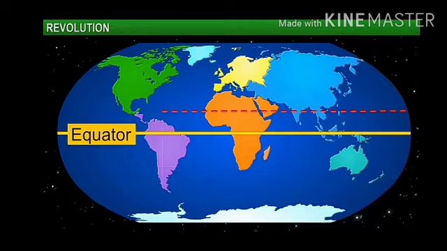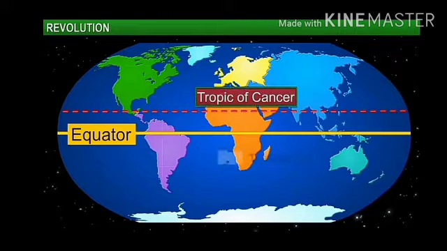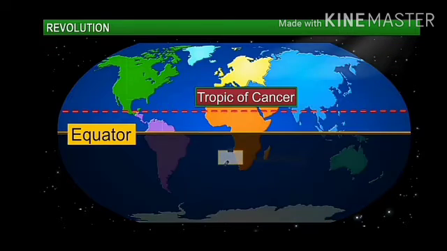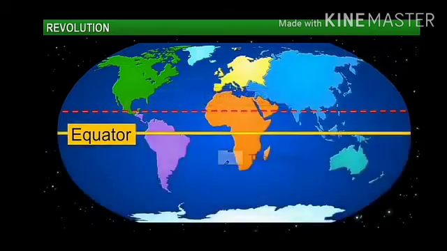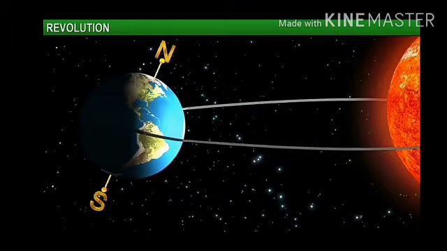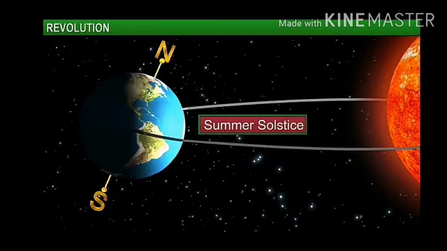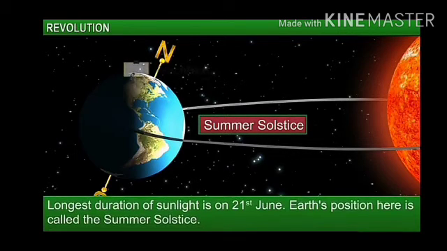You will recognize this area as the Tropic of Cancer. This area receives direct sunrays, and as a result, it is summer in the northern hemisphere. This position of the Earth is called the summer solstice.